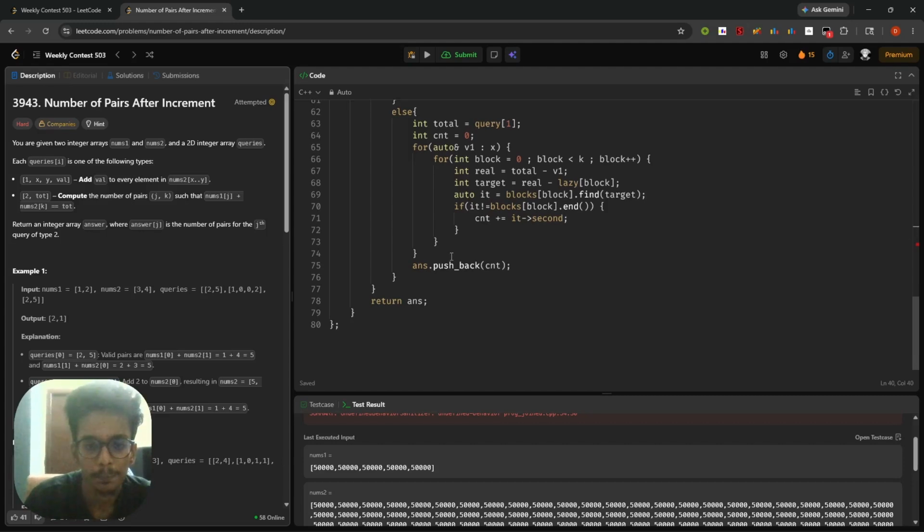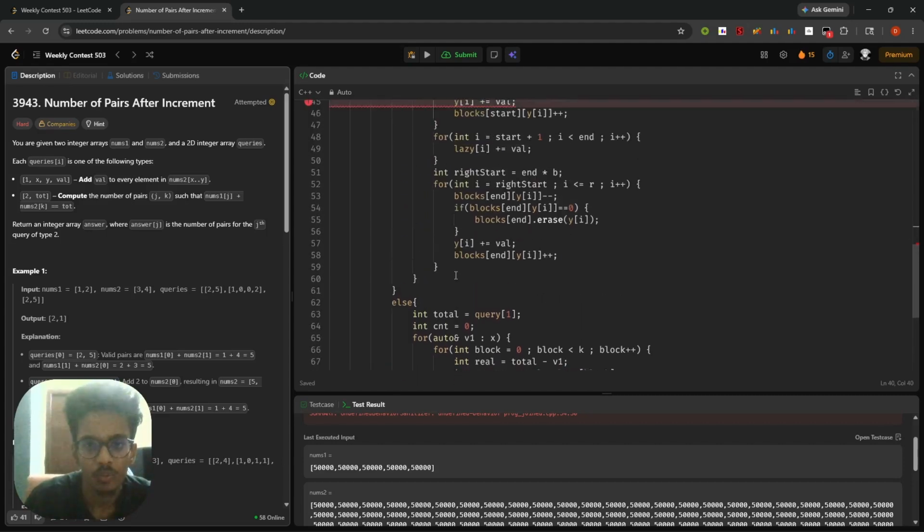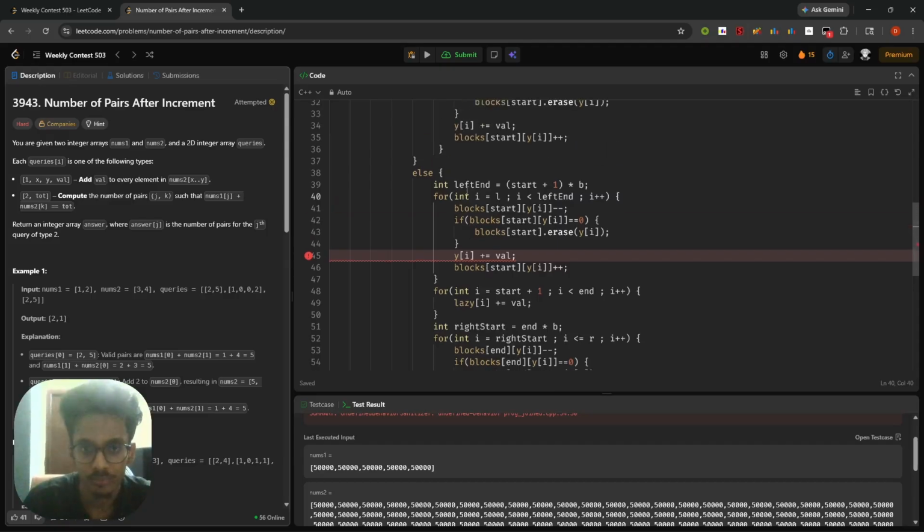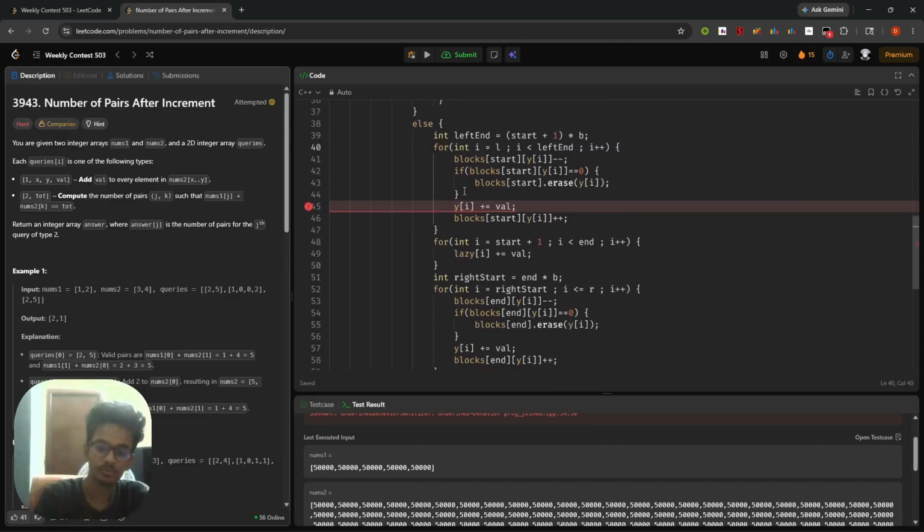So, what can I do? Why is it giving an integer overflow?